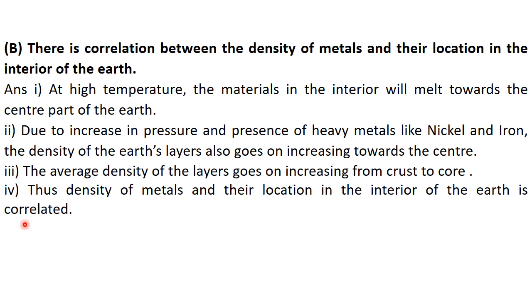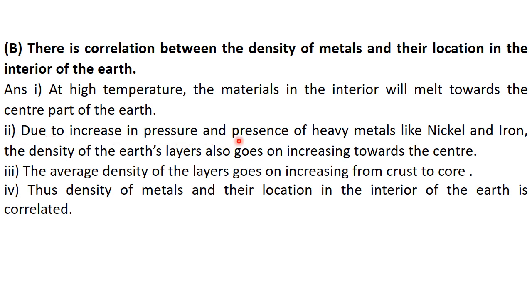B. There is correlation between the density of metals and their location in the interior of the Earth. Answer. Point number 1. At high temperature, the materials in the interior will melt towards the center part of the Earth. Point number 2.